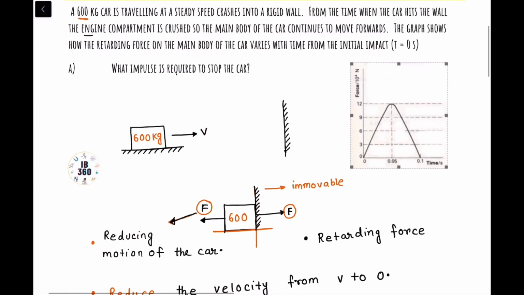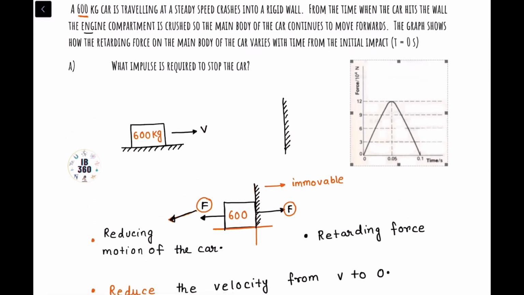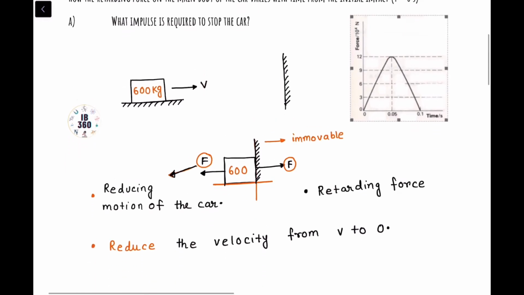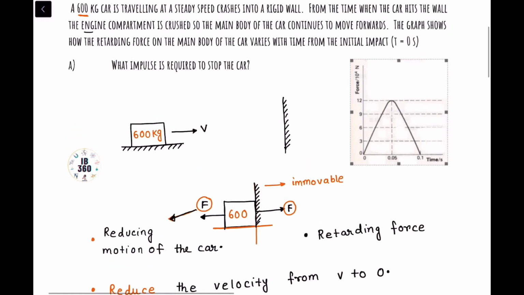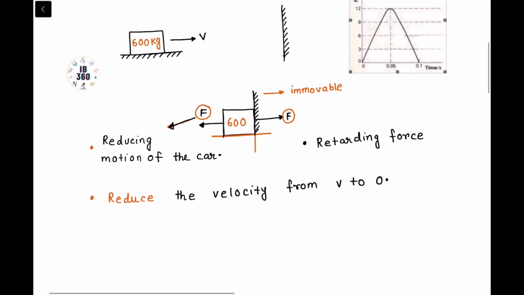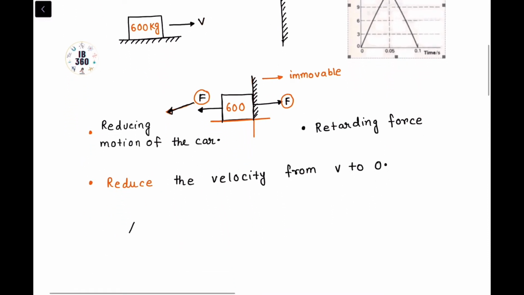The question says that when the car hits the wall, the engine compartment is crushed, so that the main body of the car moves forward. The graph shows how the retarding force on the main body of the car varies with time. So why is the engine compartment crushed?